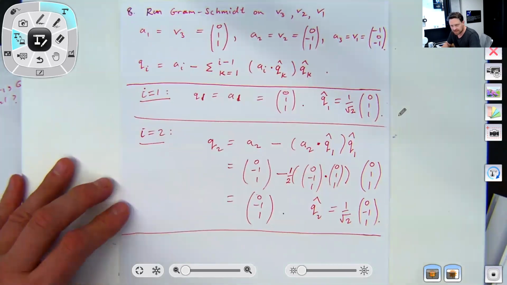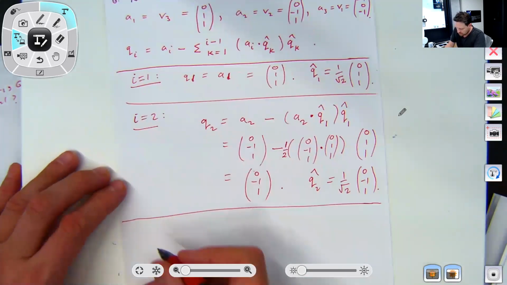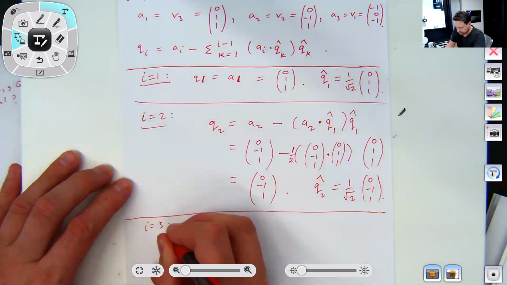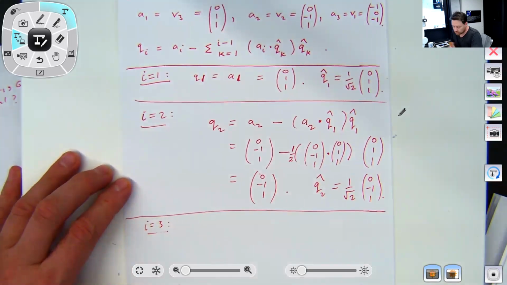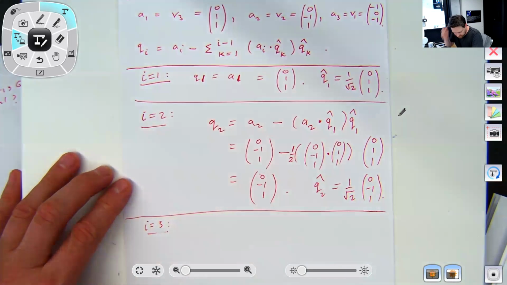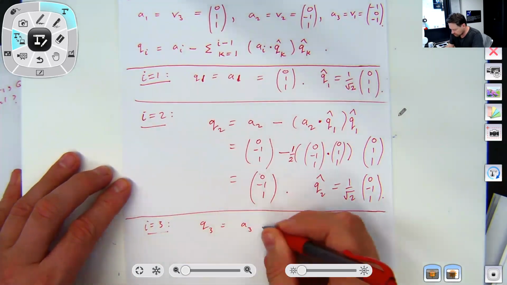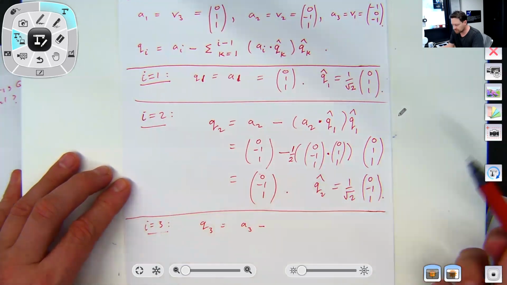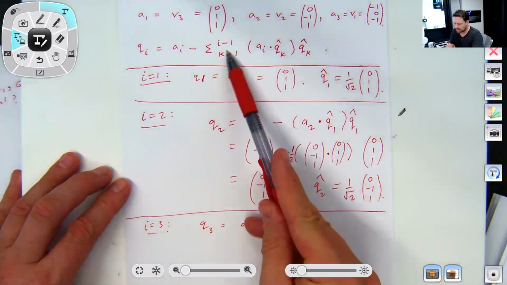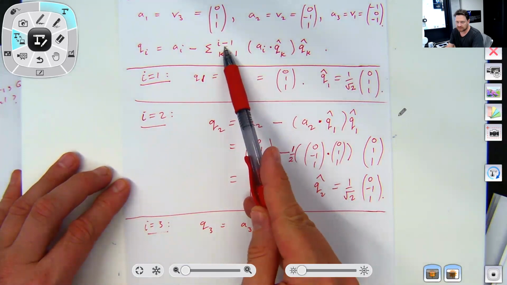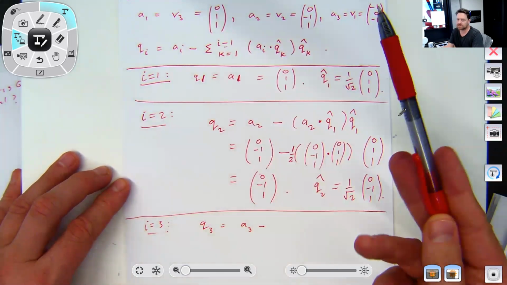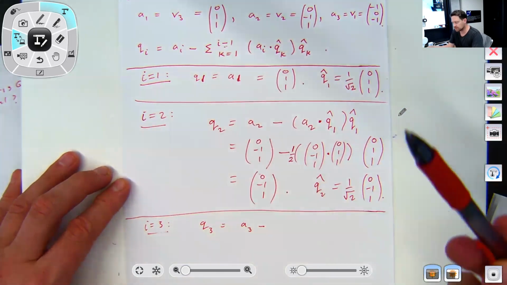All right, so proceeding to do the third one. So i equals 3. Okay, so what we do first is simplify our formula so that we have Q3 is equal to A3 minus, now we've got a sum of 2 things because we stop here, subbing in i equals 3, that's 3 minus 1 is 2. So we have k equals 1 and k equals 2.